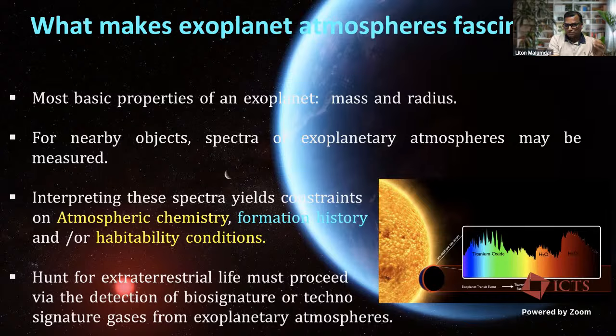When you have access to the atmospheric spectrum and atmospheric composition, that potentially tells you the atmospheric chemistry that is happening. And when you know this atmospheric chemistry, that gives you an idea about how these planets have formed, and whether the atmospheric chemistry can be one of the false positives potentially linked to the detection of biosignatures.